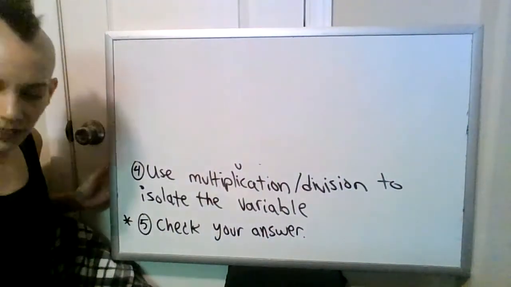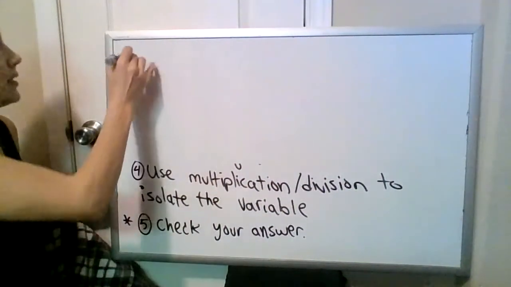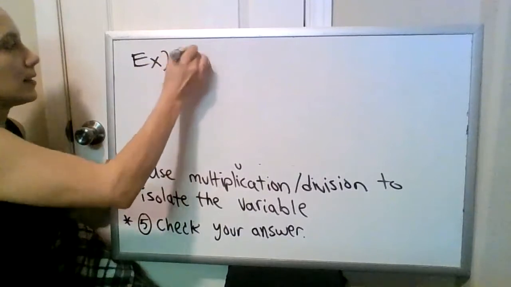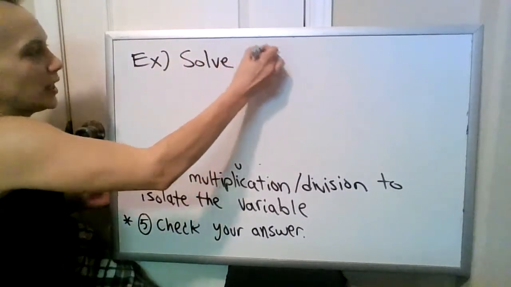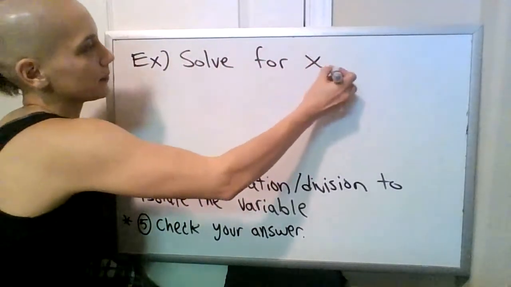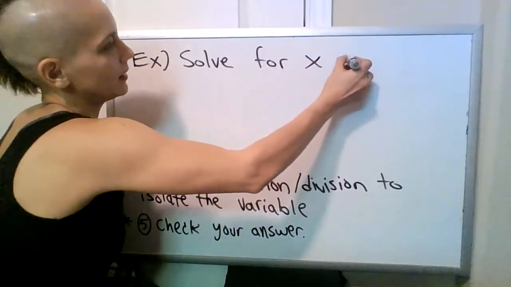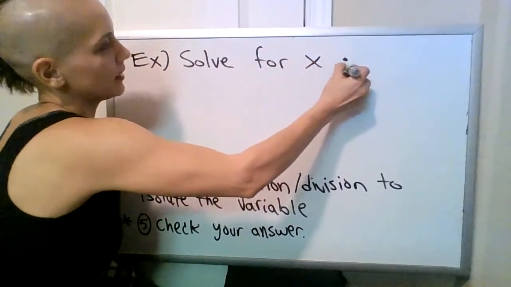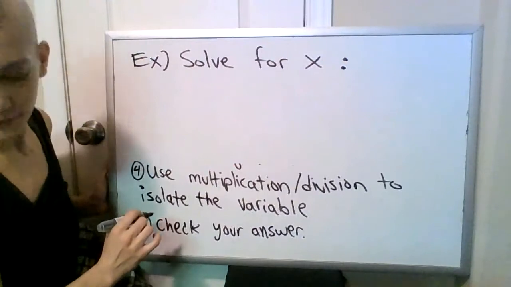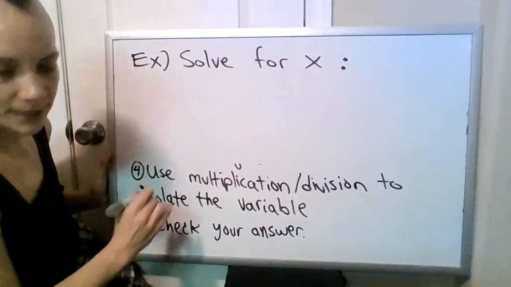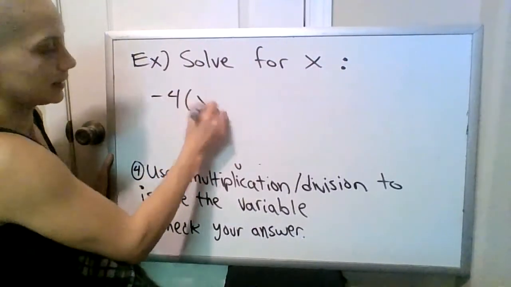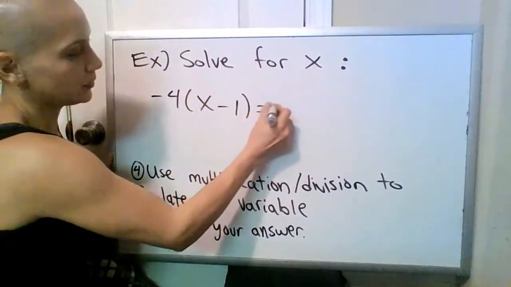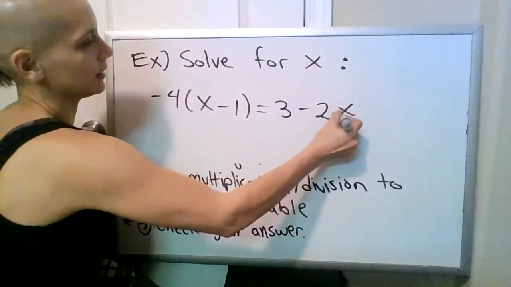First one will be to solve for x. Let's do this. All right, there's -4 times x minus 1 equal to 3 minus 2x.